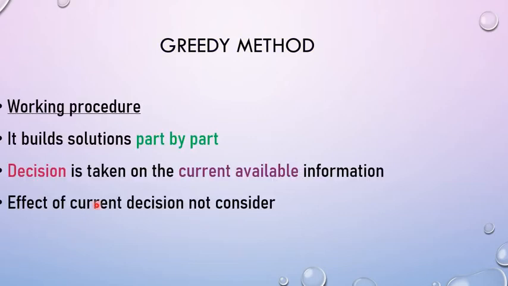Next, we are going to see the working procedure of the greedy method. The important thing about the greedy method procedure is that it builds the solution part by part. That means it does not solve the problem directly, it solves it portion by portion. While doing that, the decision is taken based on the current available information. During each step, some decision has to be taken to carry on to the solution.